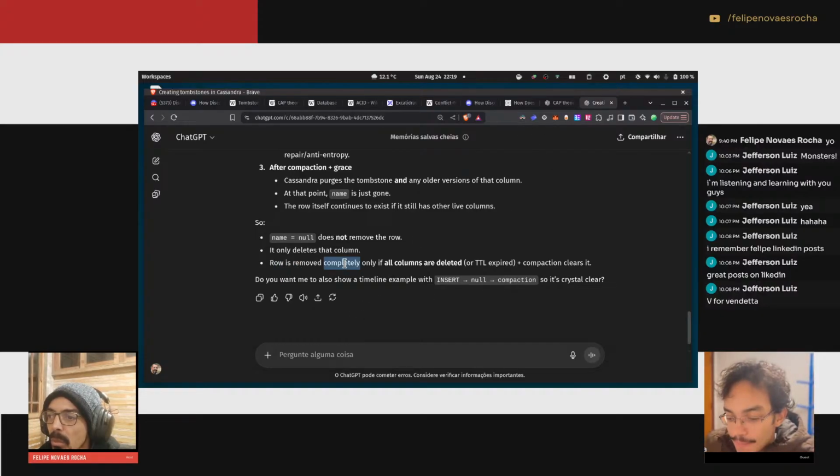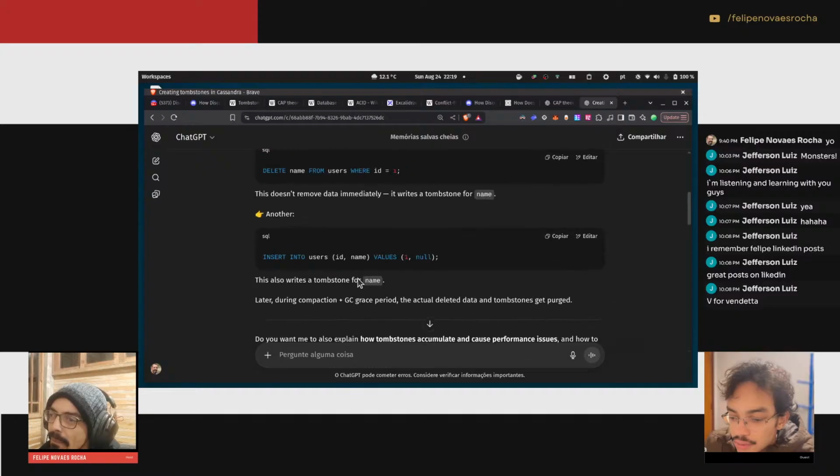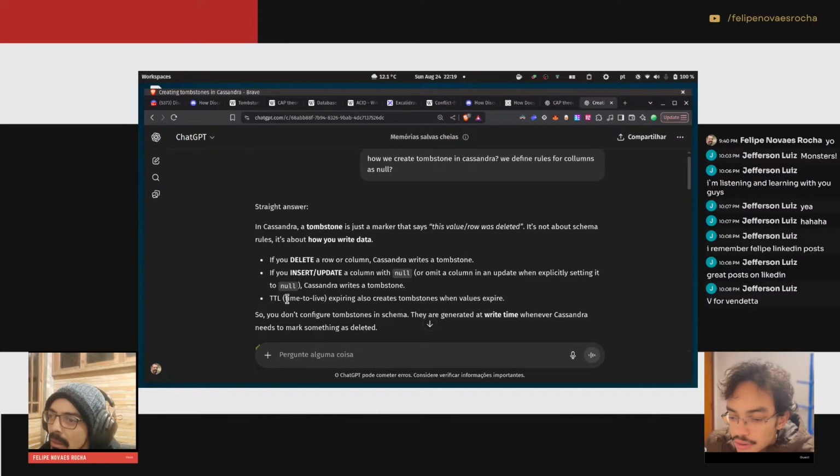Row is removed completely only if all columns are deleted or TTL expire. So TTL, I think it's time to live. You can see in the beginning, I think. They said something here, right? Time to live. Yeah, time to live. Yeah, that concept we saw across a lot of stuff like domains.